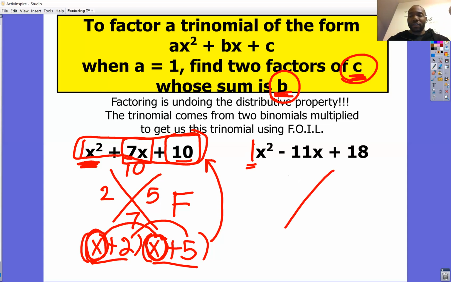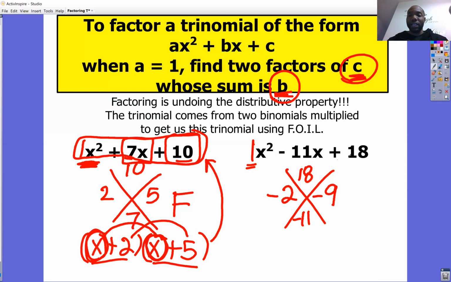So we make our x. We have our 18, and then we have our negative 11, and we say what two numbers multiply to give you positive 18, but add to give you negative 11? We say negative 9 and negative 2. This sign, remember, is positive. That means we have the same sign. That means both of the signs have to be negative.